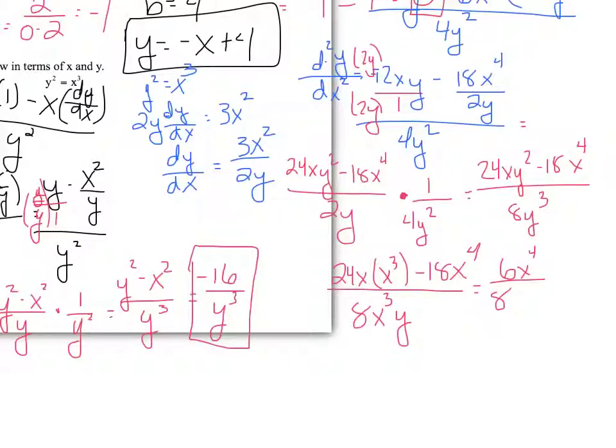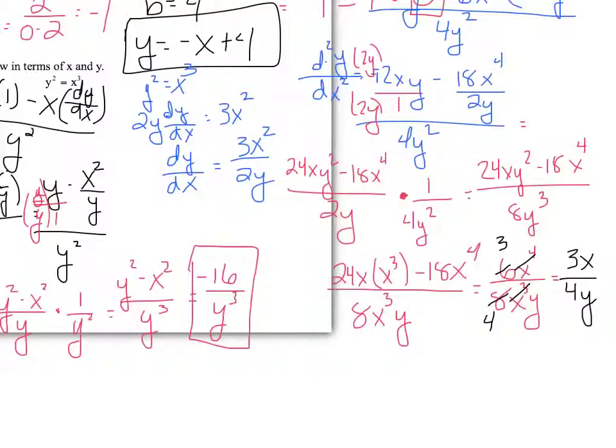Denominator I'll leave for a second. Let's reduce. So 2 goes into 6 3 times, into 8 4 times. 3 x cubes in the bottom can cancel with 3 of the x's in the top. So I will be left with 3x over 4y.